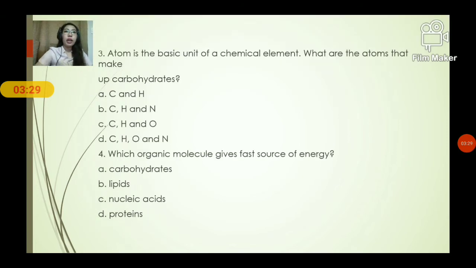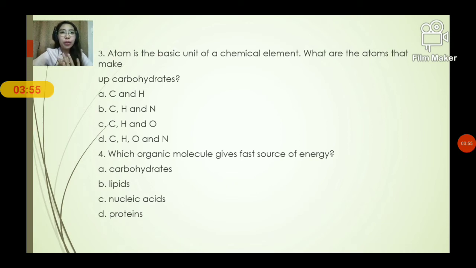Okay, for question number 3, atom is the basic unit of a chemical element. So, what are the atoms that make up carbohydrates? A, carbon and hydrogen, B, carbon, hydrogen, and nitrogen, C, carbon, hydrogen, and oxygen, or D, carbon, hydrogen, oxygen, and nitrogen.